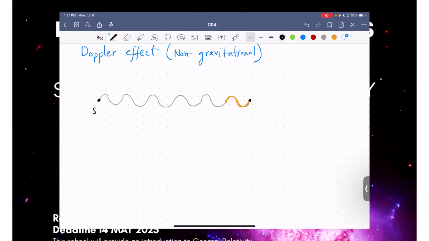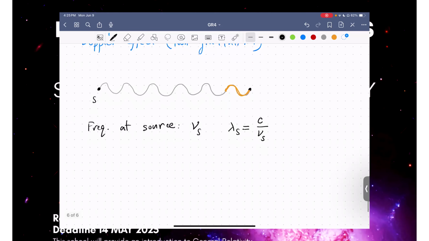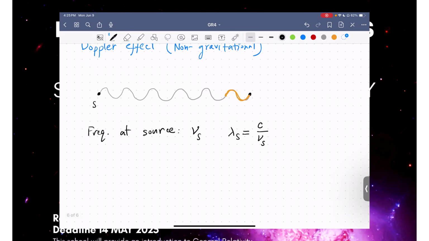Suppose the frequency at source is ν_s. From here, you can compute the wavelength, for example, which is going to be given by c over the frequency.